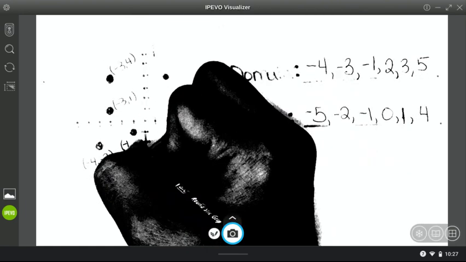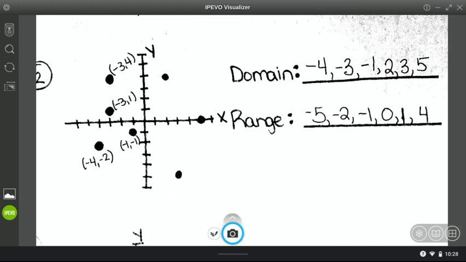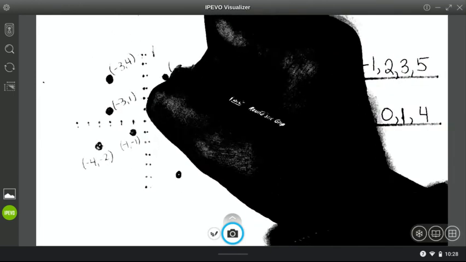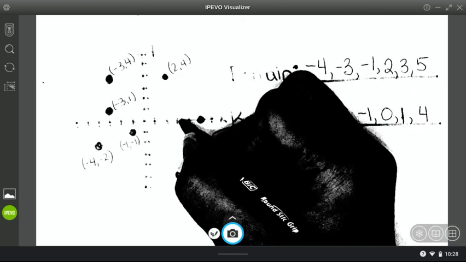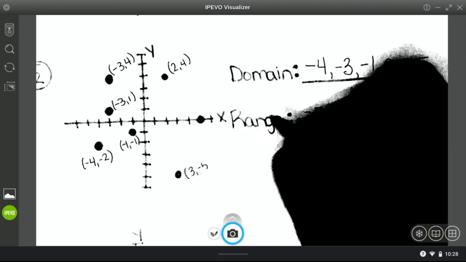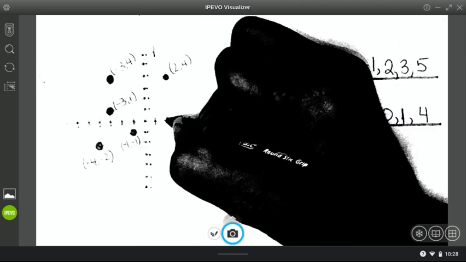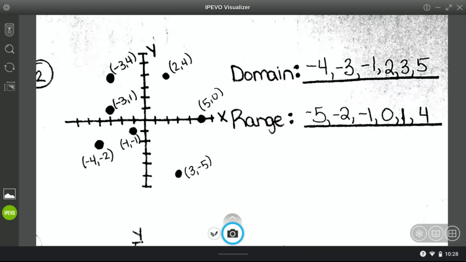That one's -1, -1. If you want to write all of the coordinates in and then look at the x coordinates and then look at the y coordinates and put them in order, you can do that. This one is 2, 4. This one is 3, -5. And this one is 5, 0.